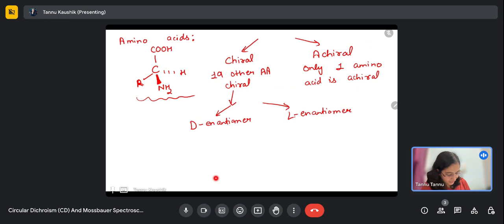And how do you find out which is D and which is L?